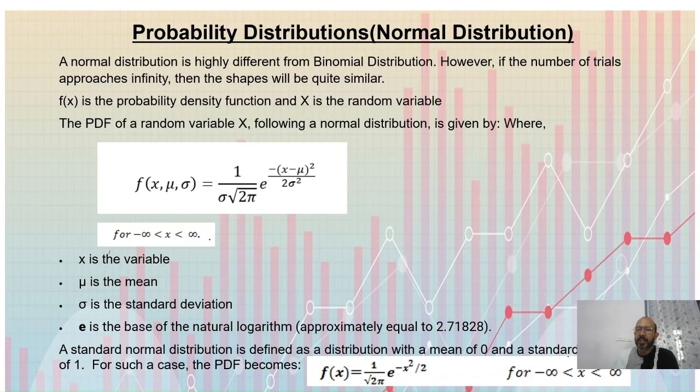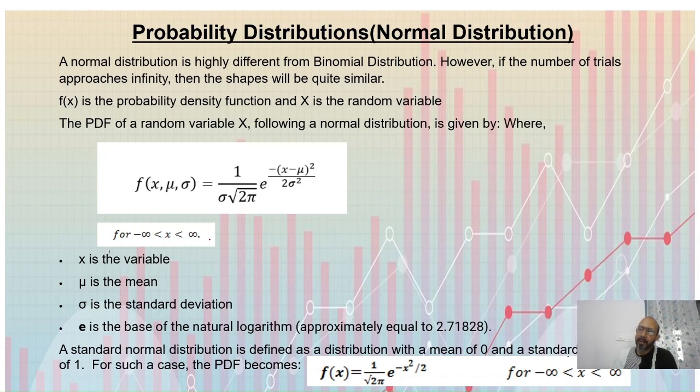A normal distribution is highly different from binomial distribution. However, if the number of trials approaches infinity, then the shapes will be quite similar. f(x) is the probability density function and x is the random variable.